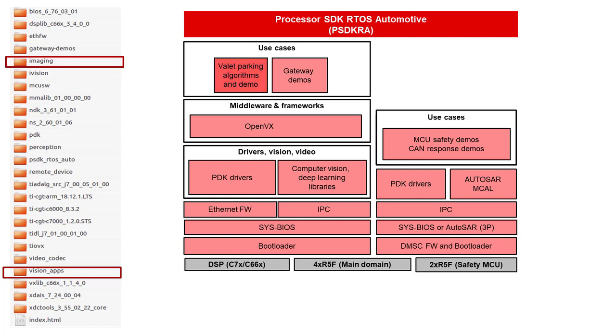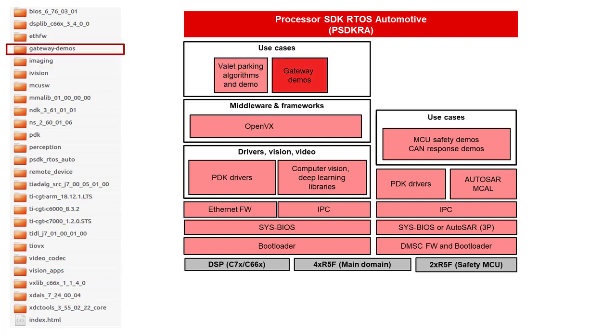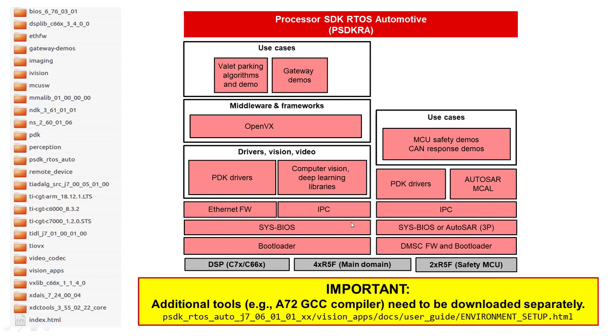Also included under Vision Apps folder are basic demos that can be used for quick hardware checkout or as a starting point for other application development. Gateway Demos component includes an illustration for the CAN Ethernet bridging application. In addition to the contents of the SDK package, additional tools like the GCC compiler need to be downloaded separately. Please refer to the user guide for details on setting up the host development environment.